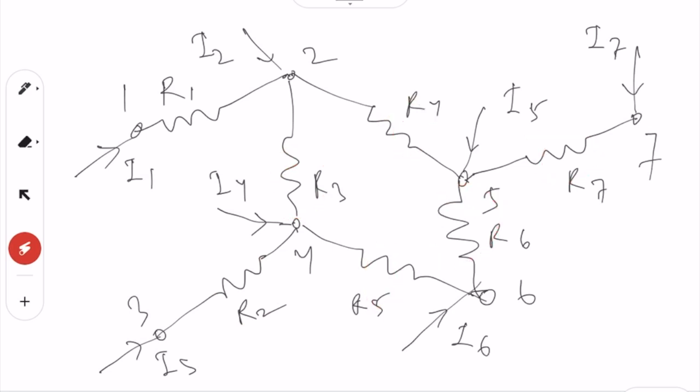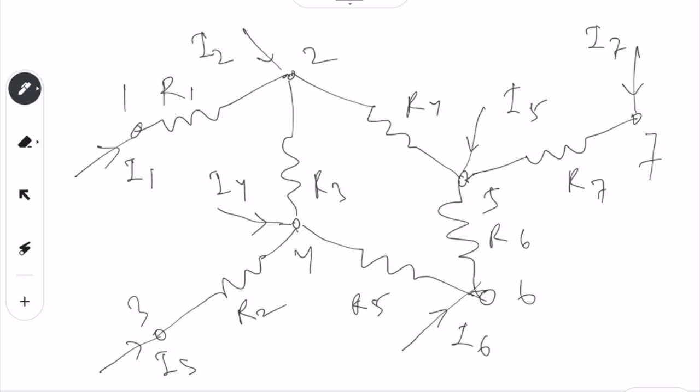So 7 elements, and the number of nodes is 1, 2, 3, 4, 5, 6, 7. So you have 7 nodes and 7 elements, and hence the size of the matrix will be 7 by 7.